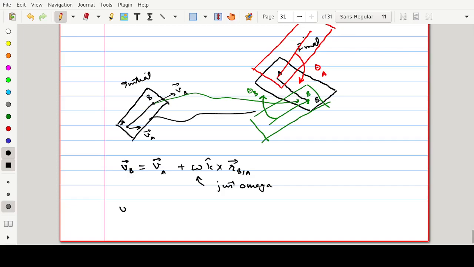Even if you write it about another point, say for example C and D, VC is equal to VD plus omega cross RCD, then again this rotation will be the same for plane motion. So this omega is always the same for plane motion.